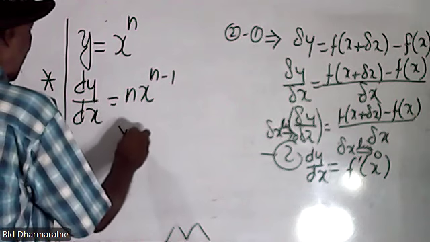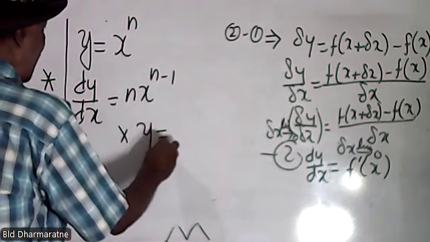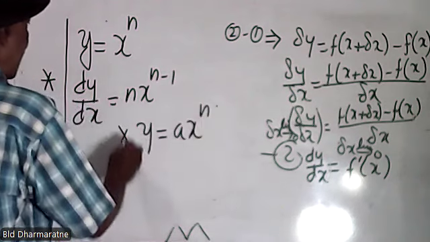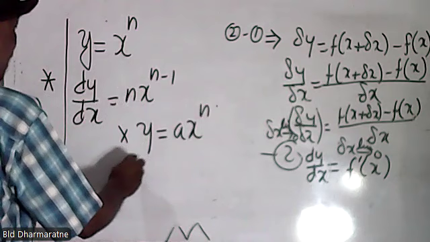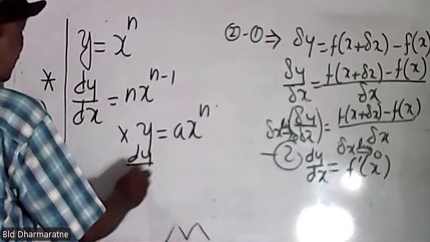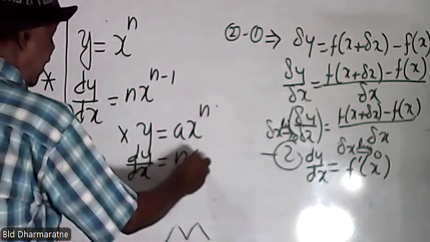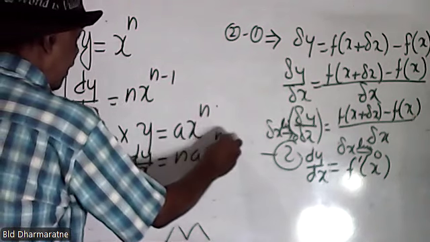Similarly, we can say y equals a x^n. According to this theorem, dy by dx equals n a x^(n minus 1).